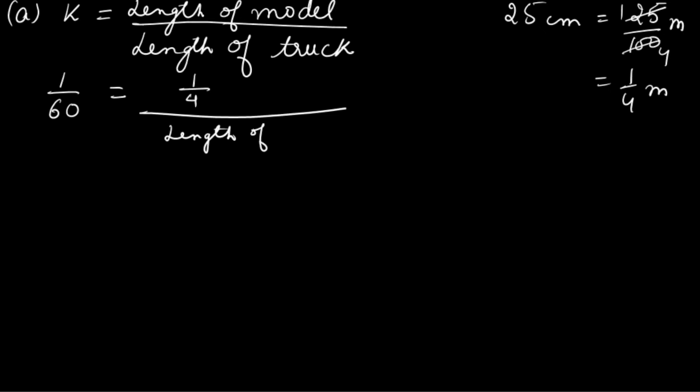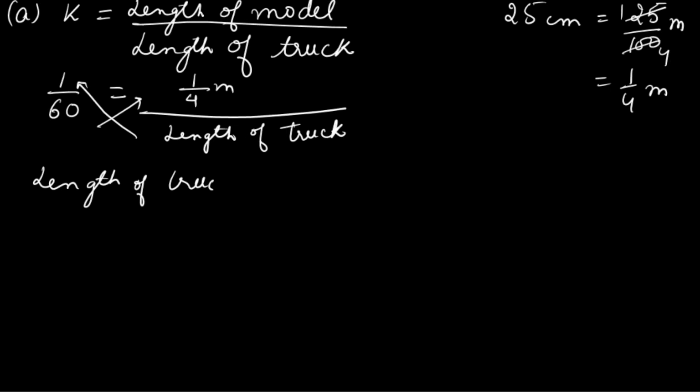So I've just written the formula. Length of model is 1 by 4 meter and length of truck we have to find. So we'll do cross multiplication now. Length of truck into 1 will be length of truck, and 1 by 4 into 60 meter.